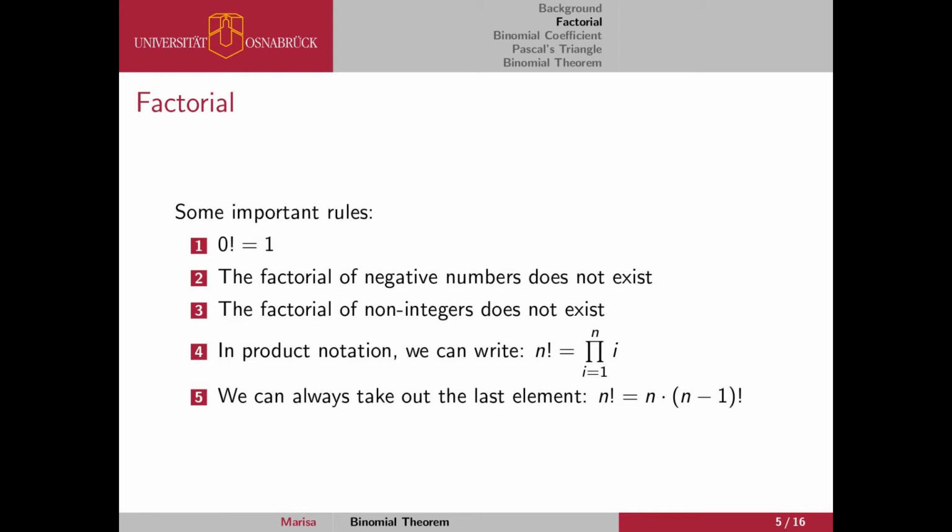Let's continue with Rule 4 here. It's not a real rule, but more like a different notation of n factorial. Of course it will yield the same results, the rule is just another notation. Namely the product notation, which you've already learned in week 2. So in product notation, we say that n factorial is equal to the product from i equals 1 to n of i.